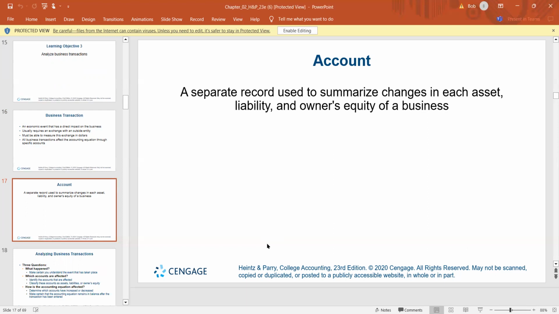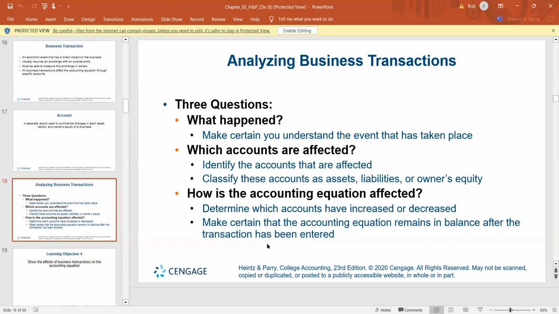And in that general ledger, you have a bunch of accounts, a separate record or folder used to summarize the changes in each asset, liability, and owner's equity. So let's take a look at this, analyzing business transactions. What happened? Pretty simple question, huh? Make sure you understand the event that's taken place, huh? That puts things in perspective, in context.